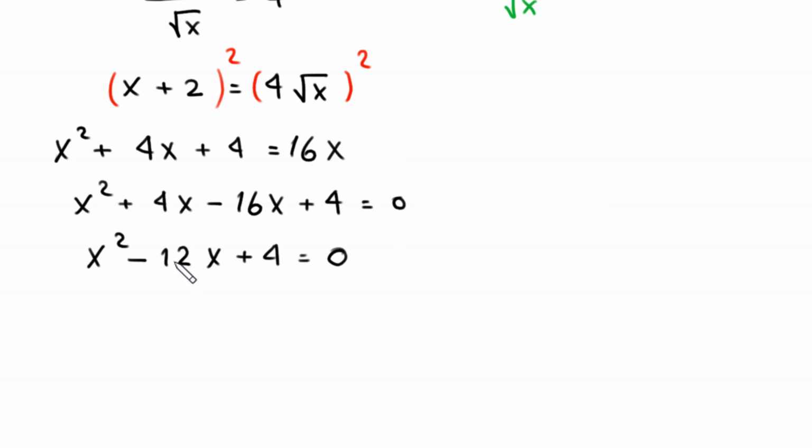Now this is a quadratic equation and can be solved by completing the square. We write x squared, and this negative 12x can be written as negative 2 times x times 6. To complete the square, we add 36 here, and we subtract 36, plus this 4 equal to 0.